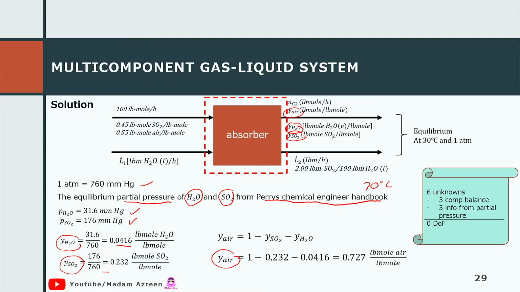Then we can do a degree of freedom analysis: we have 3 component balances, and 3 pieces of information from partial pressure, since we can determine a mole fraction from a partial pressure.